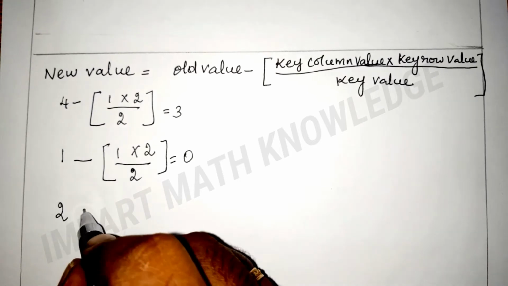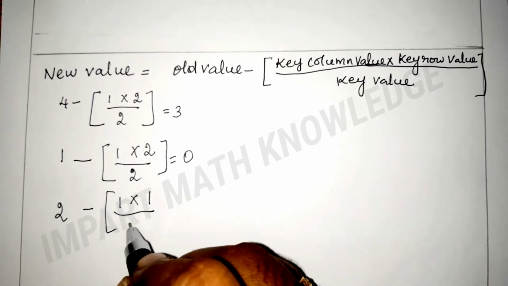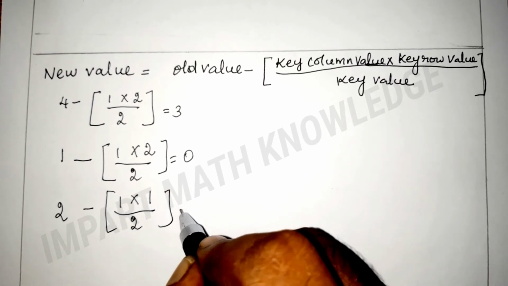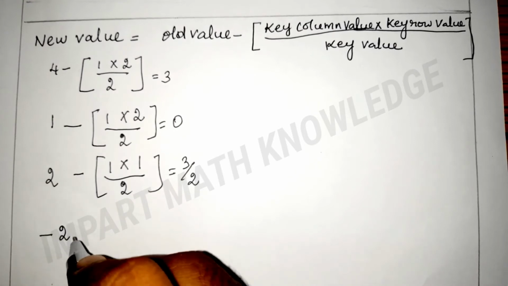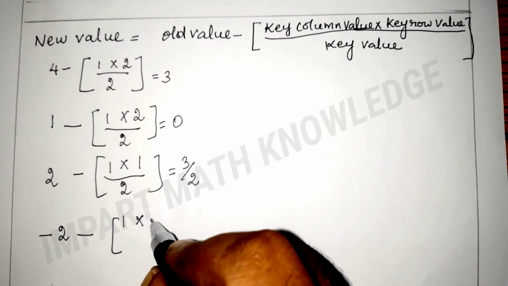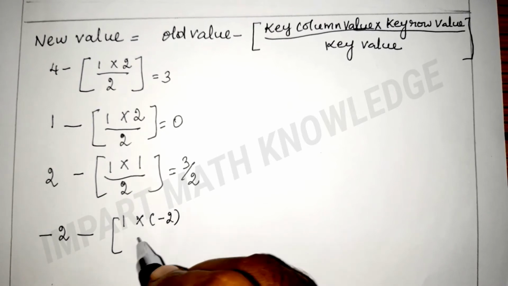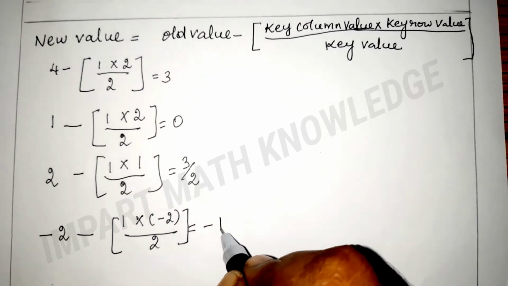The next one is 3 by 2. The next one, the value is minus 1.